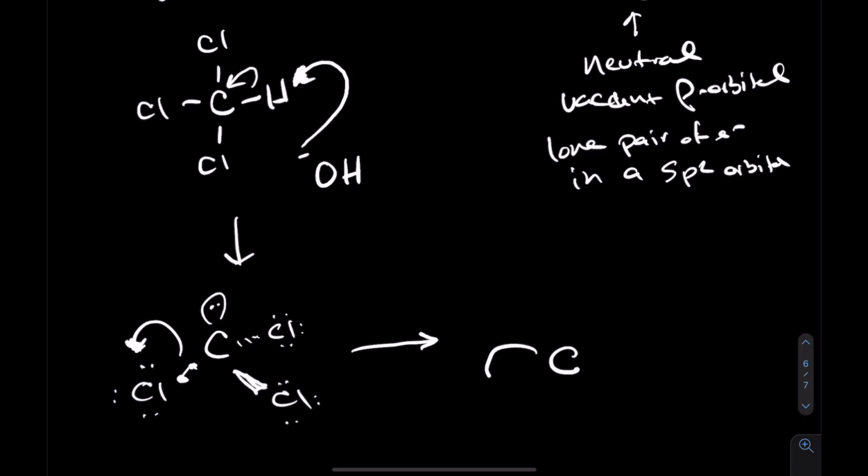I'm going to redraw this so that it matches my drawing up there, but it doesn't really matter. This will be here, and then now it's going to depart. You leave an empty orbital, and then the chlorides are here. All right, so that has created a carbene. And it's funny because a carbene can now do crazy things.